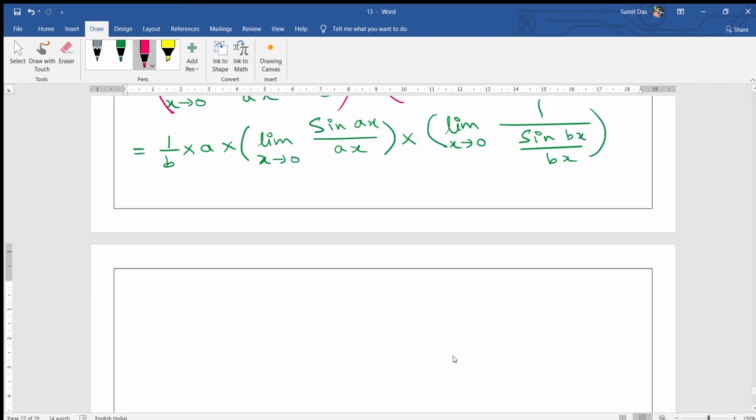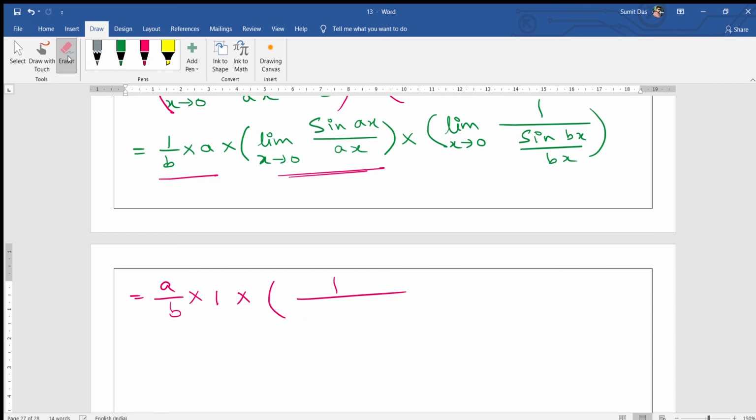So next line, here we can write a by b into, and this one will give you 1, and here we'll get 1 by limit x tends to 0 sine bx by bx.